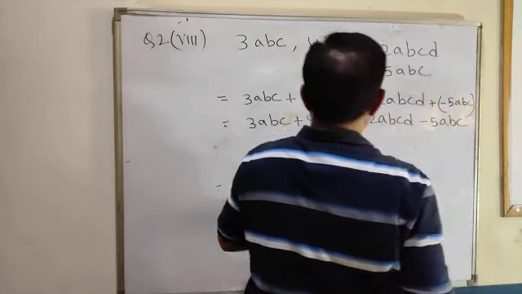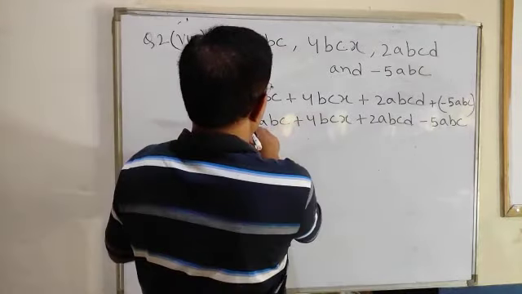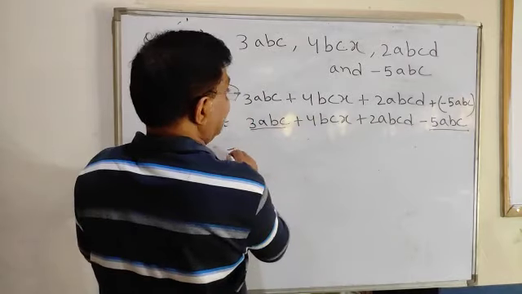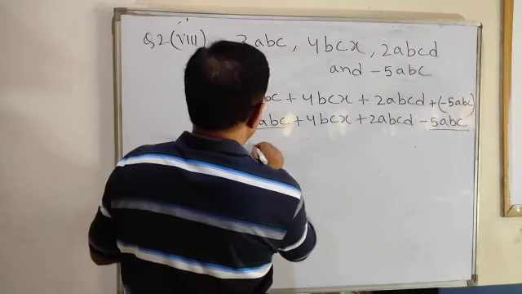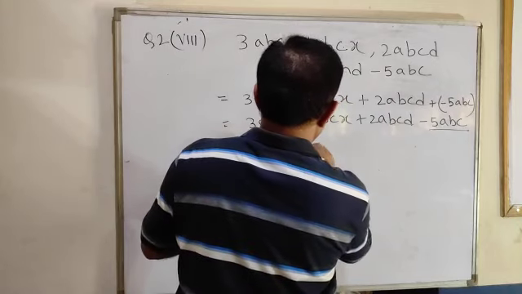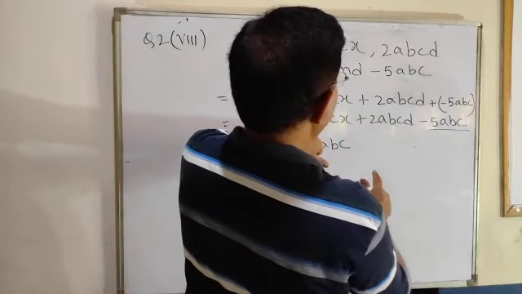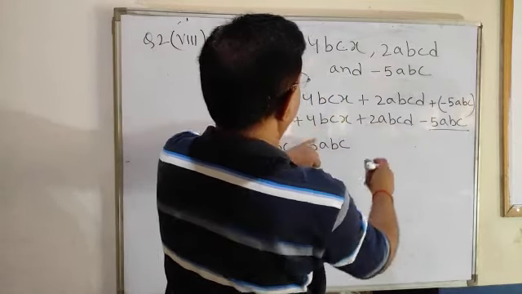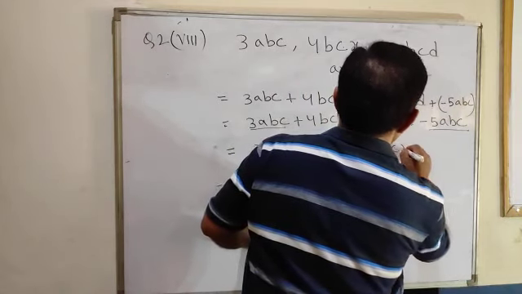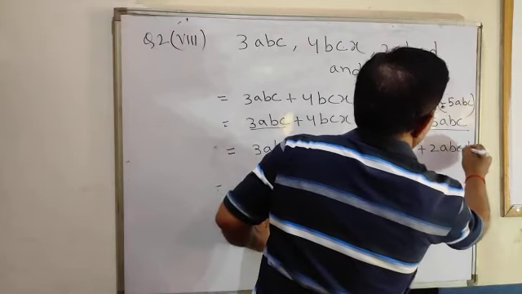5ABC. Dear children, let us find out where the like terms are. ABC and ABC are the like terms. So we will write them together. 3ABC minus 5ABC, and this is BCX and ABCD, plus 4BCX plus 2ABCD.